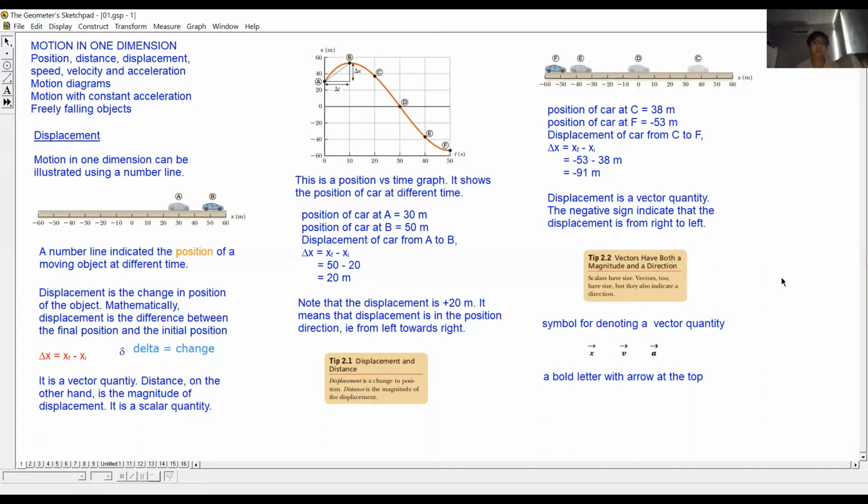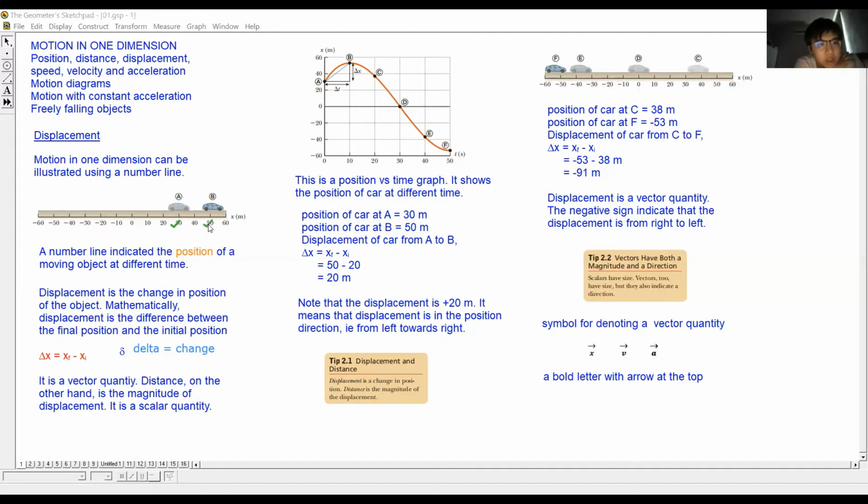Can you tell me what is the xi, the initial position? The initial position is 30. What is the xf, the final position? It is the position, not the movement, not the length and so on. So what is the final position?